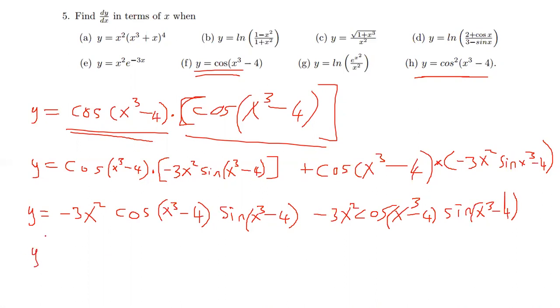So here we can see this is y prime that we're finding. This can be simplified as just negative 6x squared cos(x cubed minus 4) sine(x cubed minus 4).